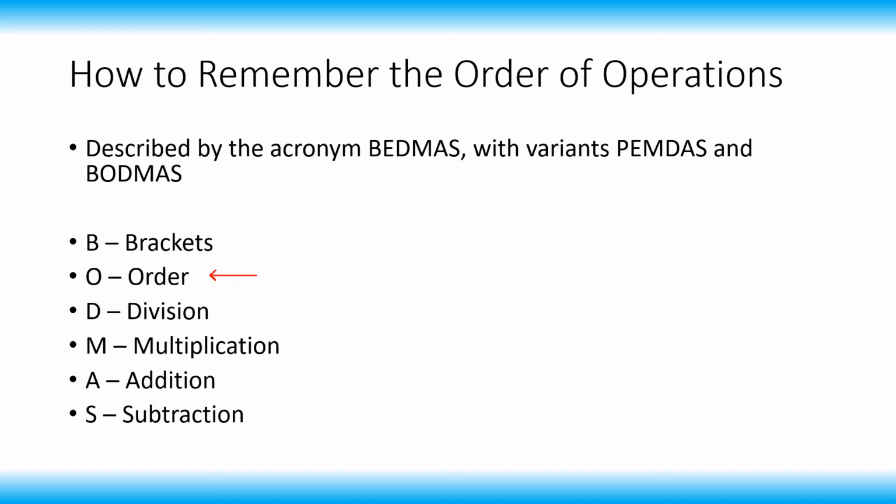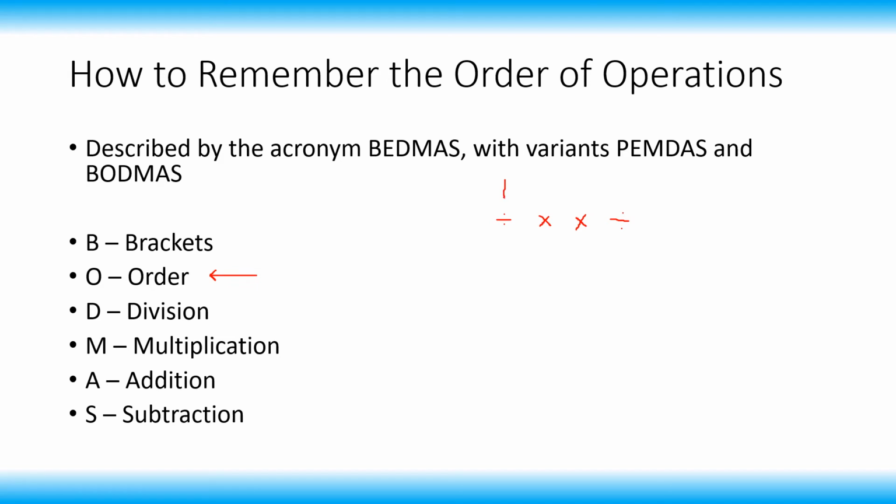You start with the brackets or the parentheses, then you move on to the exponents or the order, then you do division and multiplication, whichever one comes up first, left to right. So if you've got something divided by something times something else divided by something else, it's not like you do both of these divisions first and then you do both the multiplications, or that you do both the multiplications and then both the divisions.